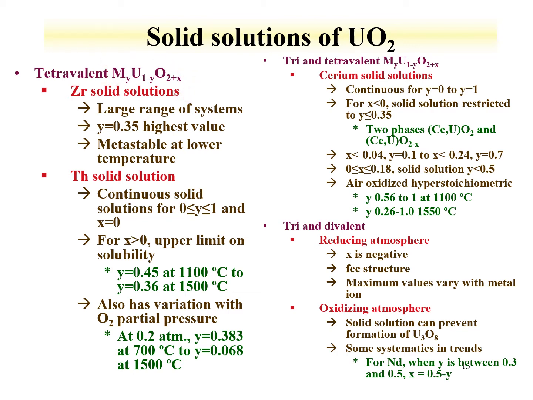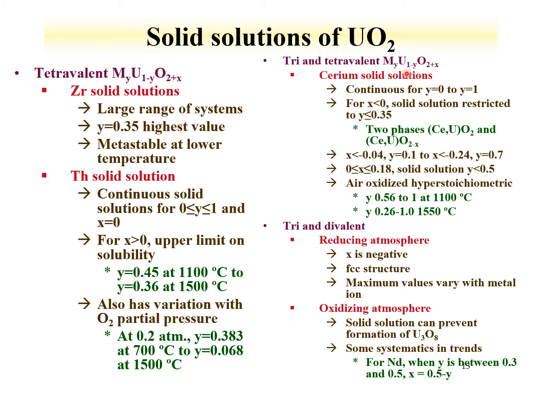Unlike zirconium, thorium has an ionic radius very similar to uranium. They're both about 1 angstrom, where zirconium is about 0.72 angstrom, so it's much smaller. Thorium makes a solid solution with uranium over the entire range.